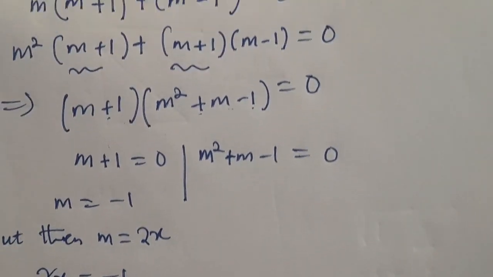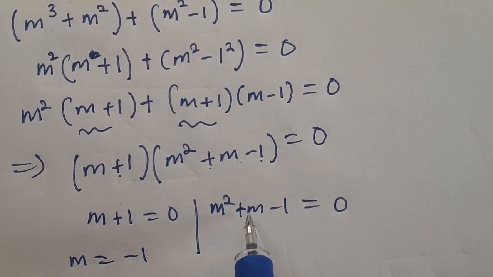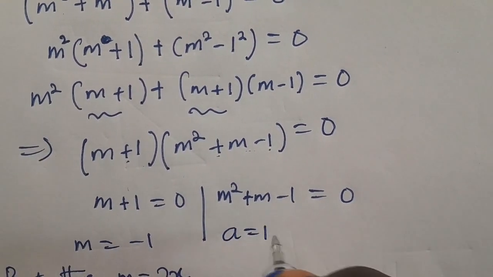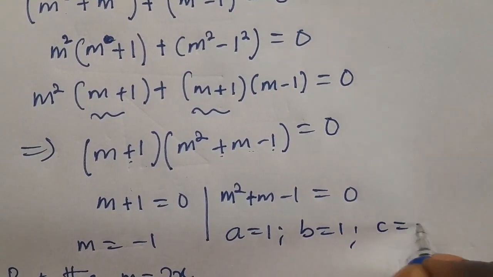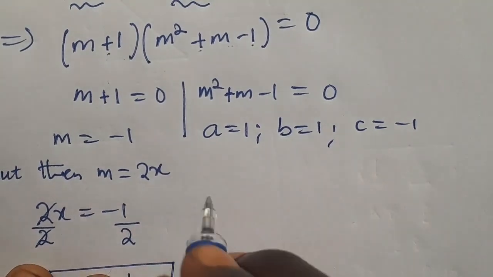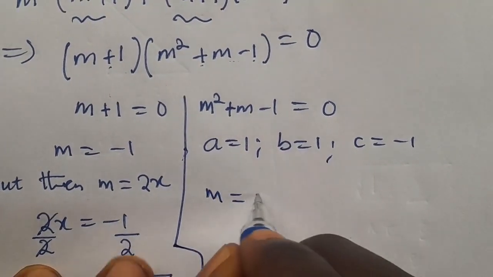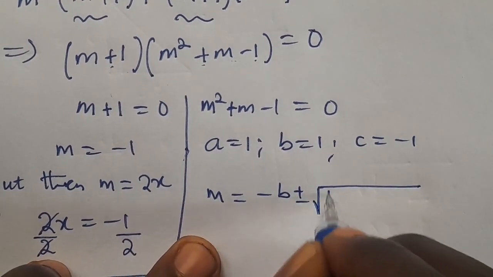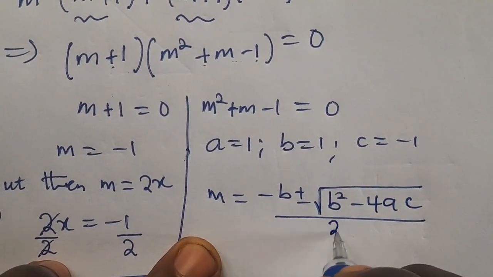we have m squared plus m minus 1 equals 0. We have a equals 1, b equals 1, c equals minus 1. Now, by using the quadratic formula, we have m equals minus b, positive or negative, square root of b squared minus 4ac, divided by 2a.